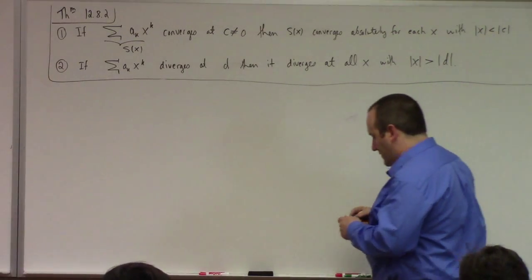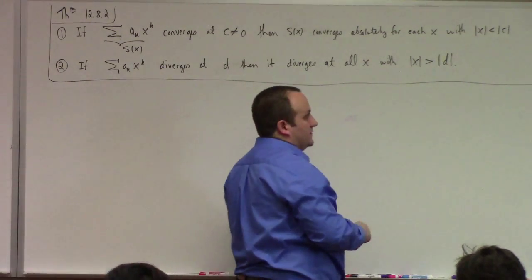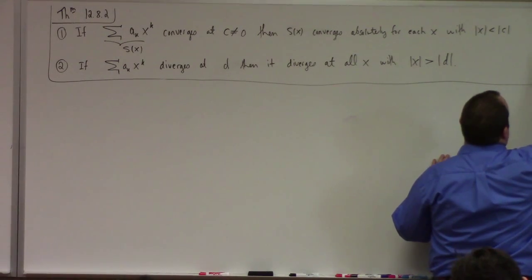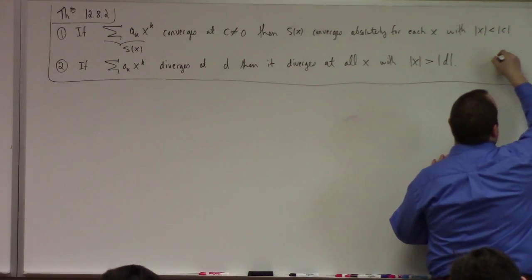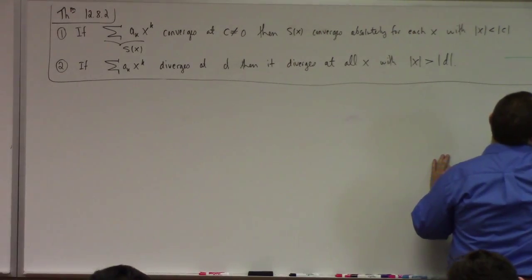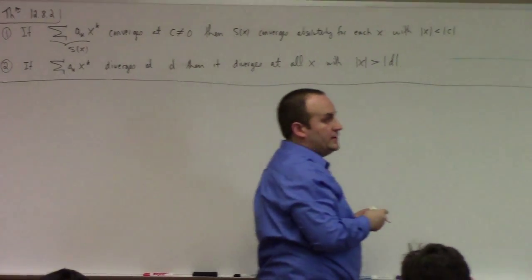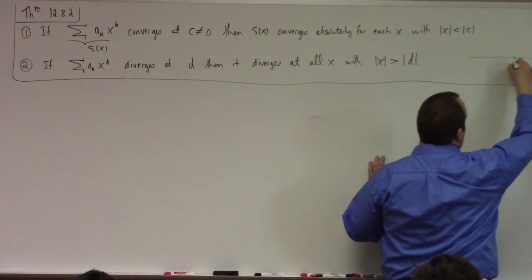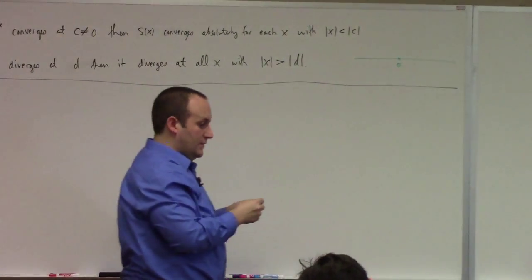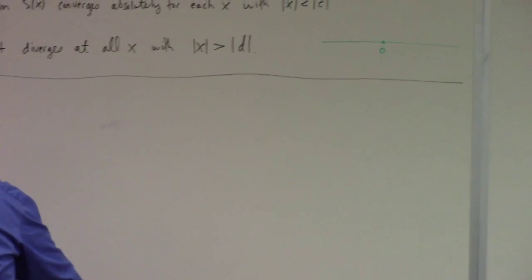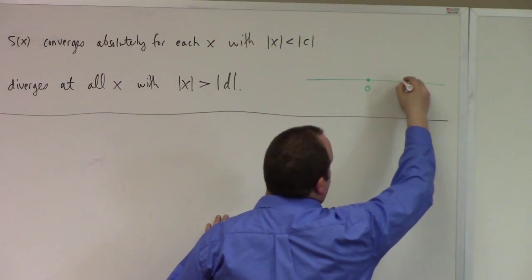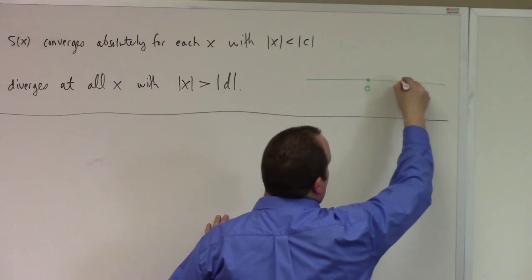Let me draw a picture of it. So here's a number line, let's say. Let's put 0 on the number line somewhere. What this says is that if you have convergence of the series S of x, like right here, right?